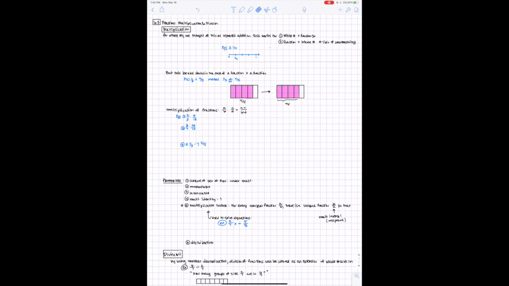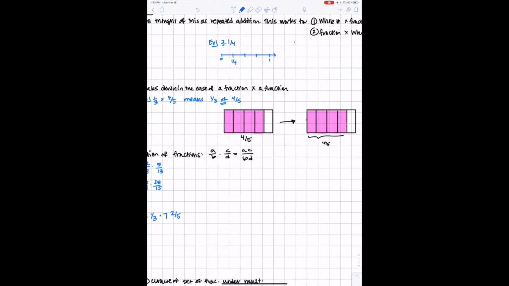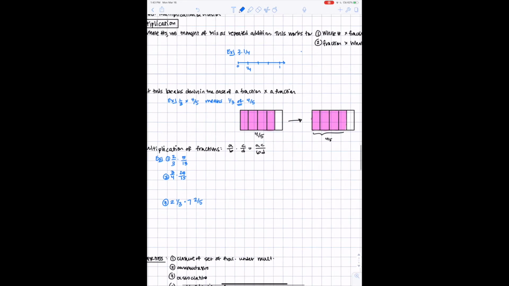So for instance, in this example, 3 times 1/4, I'm going to think about adding this distance of 1/4 3 times, and that gives me 3/4.